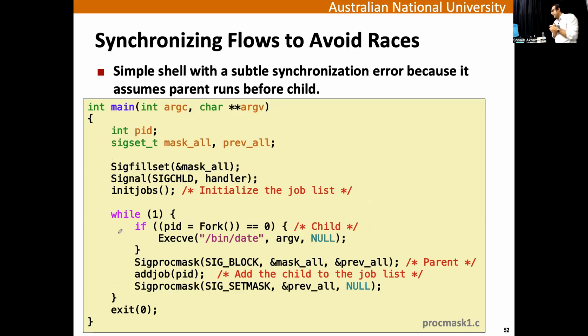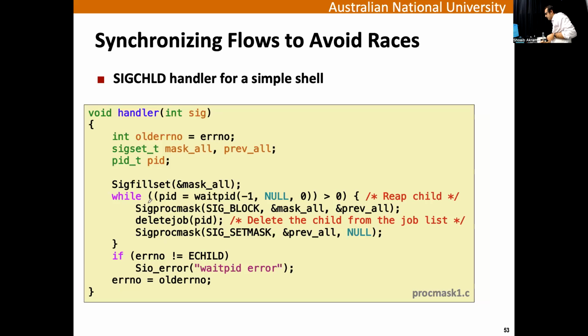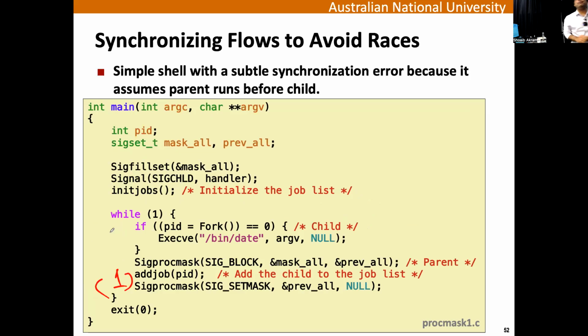At one point, a context switch will happen. First of all, there is an interleaving of events that we are happy with. This runs, then this happens. One should happen before two, okay?